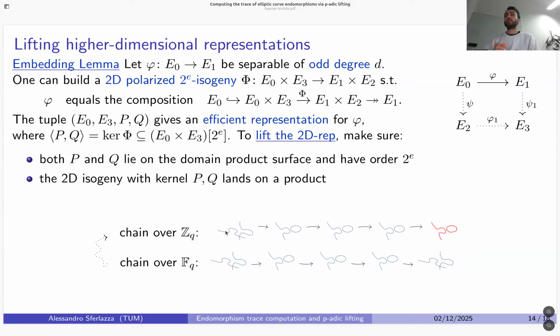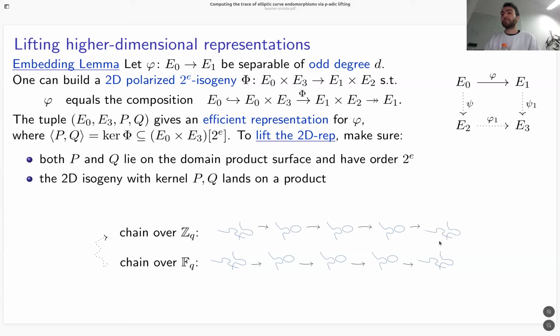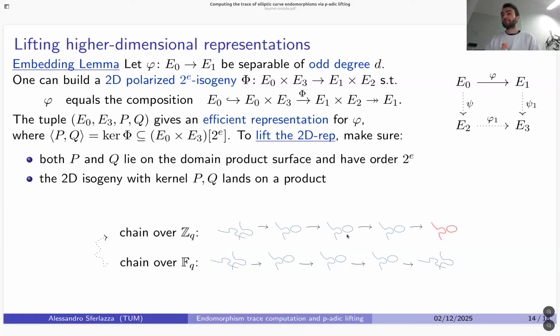We need the correct lift of the domain in order for this chain to be an actual lift that then splits as we expect. For most other arbitrary lifts, this doesn't happen.